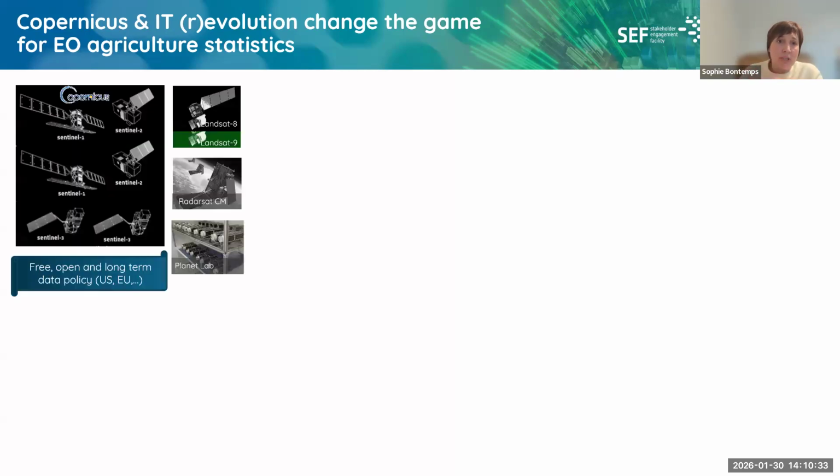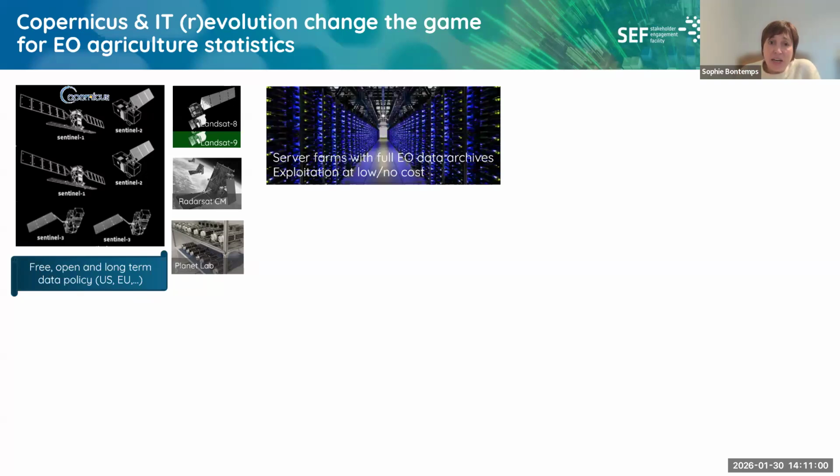So with the Copernicus mission, that you have heard about during the past webinars, I'm sure, the Sentinel-1 and Sentinel-2 missions in particular, we now have the data that match the requirements for monitoring agriculture at the field level. And these data are free, open, and ensured in the long term, so they are there for operational applications.